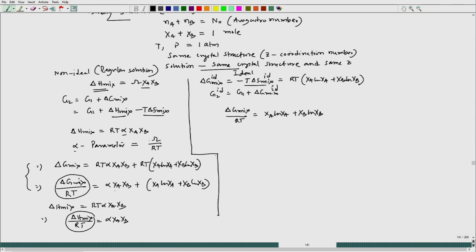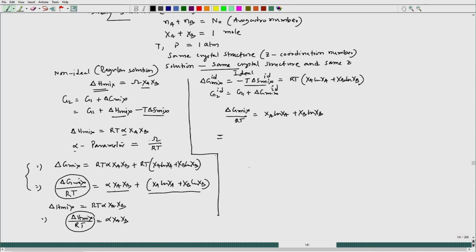When you look at the delta G mix by R T plot, it is nothing but these two quantities, and they actually oppose each other when alpha takes a positive value. We will show how they vary with change in alpha. In the ideal case, the curve of delta G mix by R T with composition will always be convex downward.